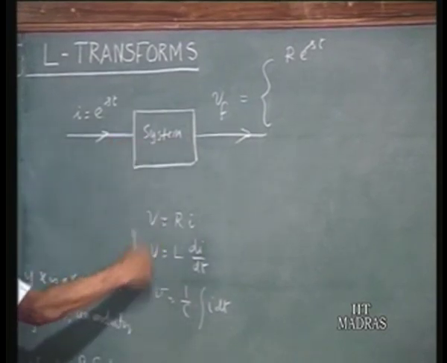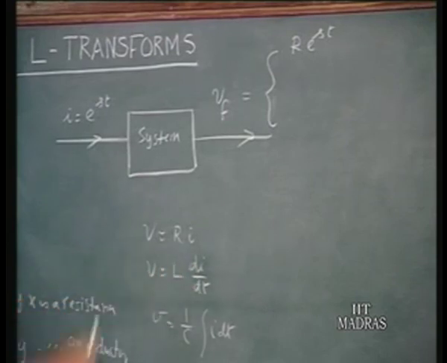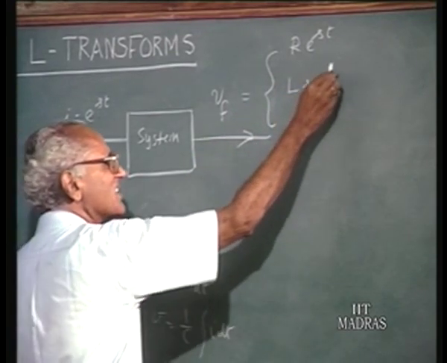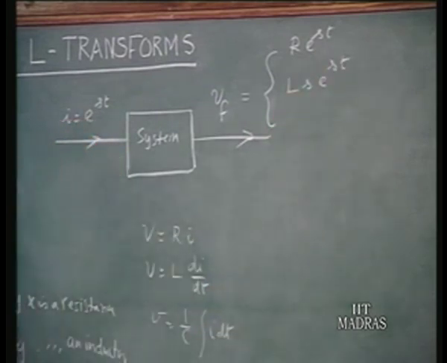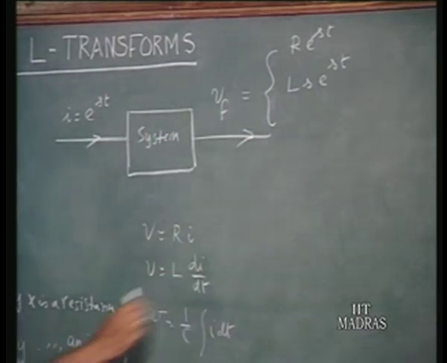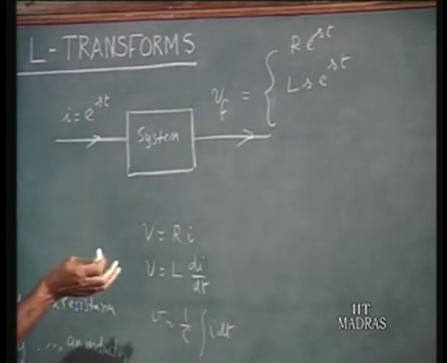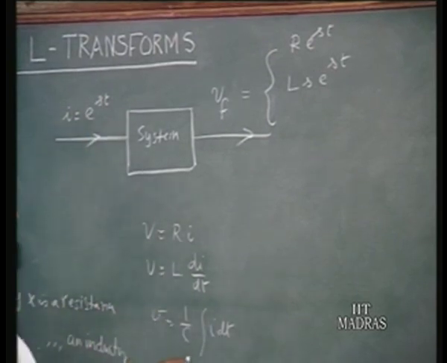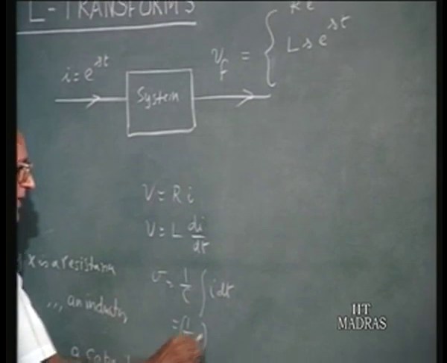If the system happens to be a pure inductor, the relation between the voltage and current is L times di by dt, therefore this is Ls times e to the power of st. And if the system is a pure capacitor, the relation between the forced response of the voltage to the current, suppose you treat this as a kind of differential equation, and i is the input e to the power of st, this is 1 over C times the integral operating on i(t).